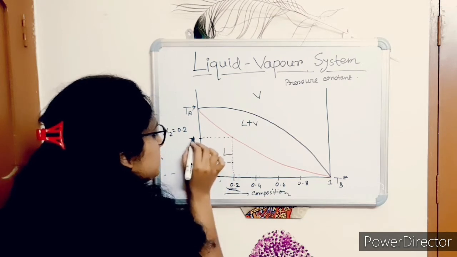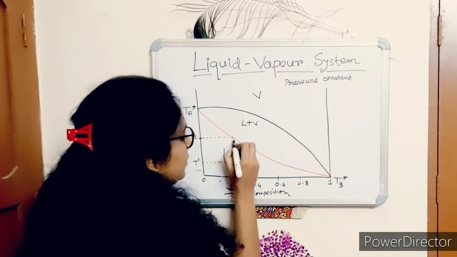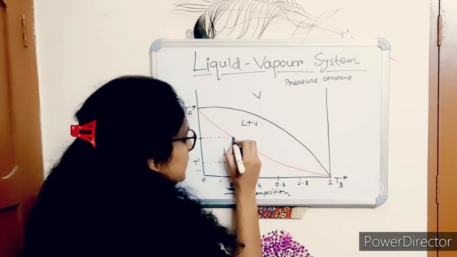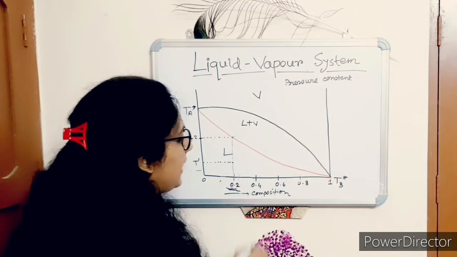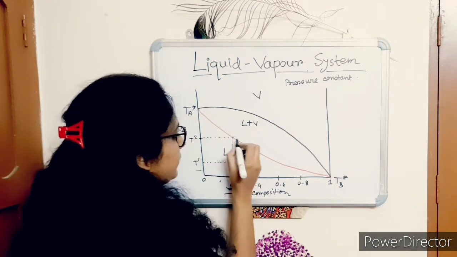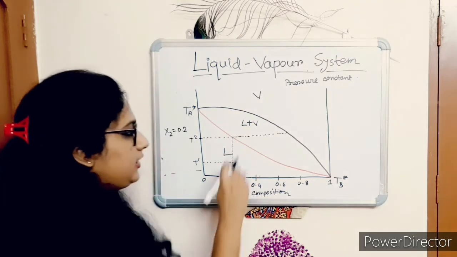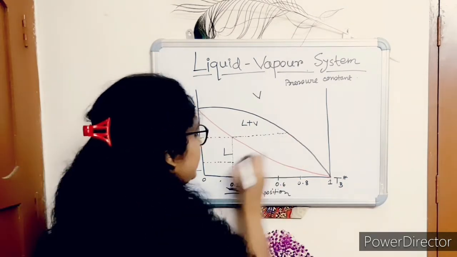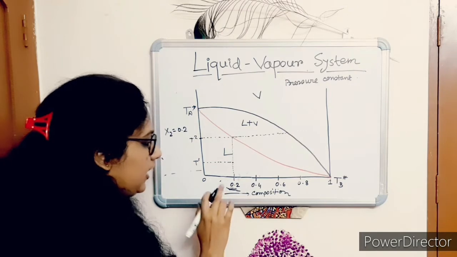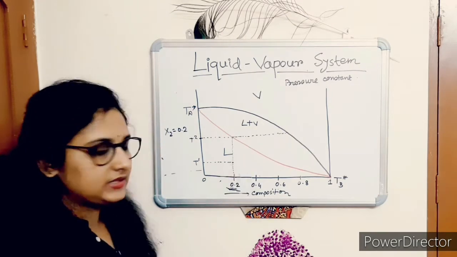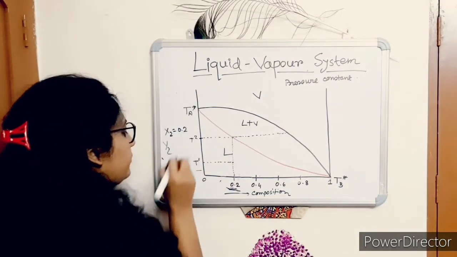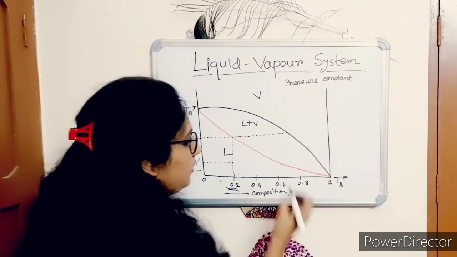The boiling point is T2. You join this red line to this black line at the same temperature T2. Joining this line, you get the composition of B in the vapor state, that is, the value of Y2. What is the value of Y2?